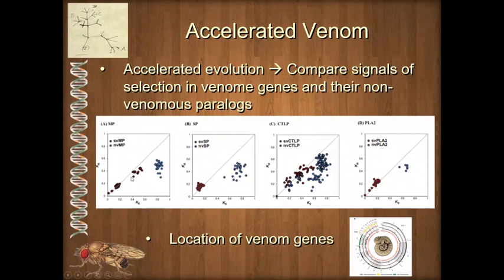And again, many times there are multiple ones, so we have a little bit more statistical power when we have multiple ones. And so in each of these 4 different gene families, they were looking at rates of evolution in the non-venomous ones, and then rates of evolution in the venomous ones. Non-venomous ones are in blue, and venomous ones are in red.